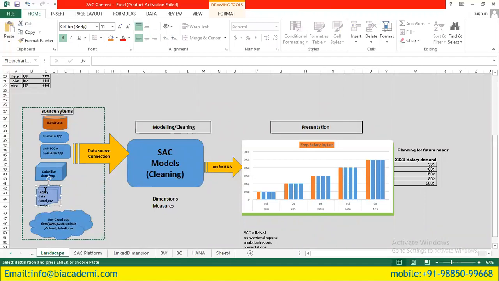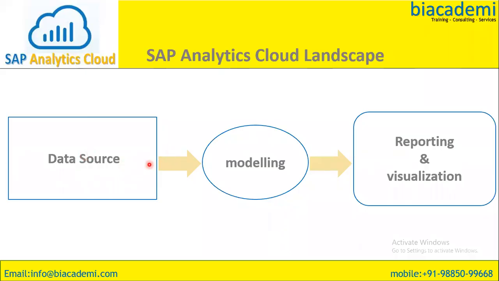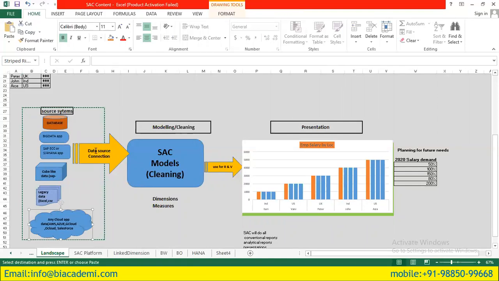You can see legacy systems, such as CSV, Excel, or XML files. Any cloud applications, it can be AWS, Azure, Google Cloud, Salesforce, or Oracle Cloud. SAP application cloud means SAC uploads. Based on this, we need to access the source by defining data source connections.